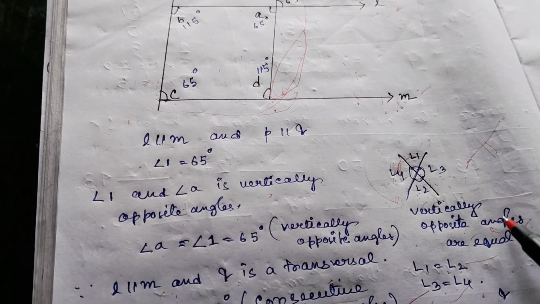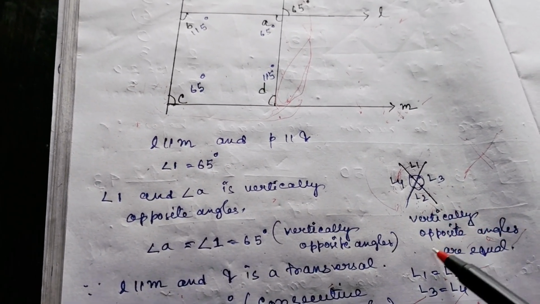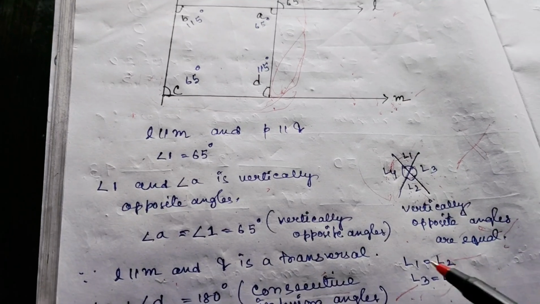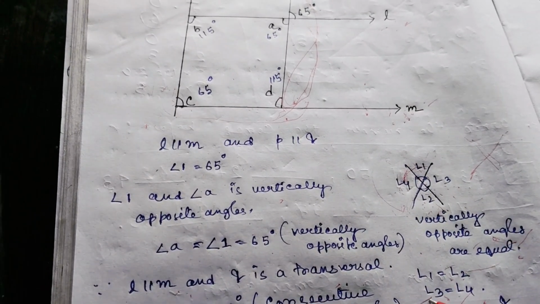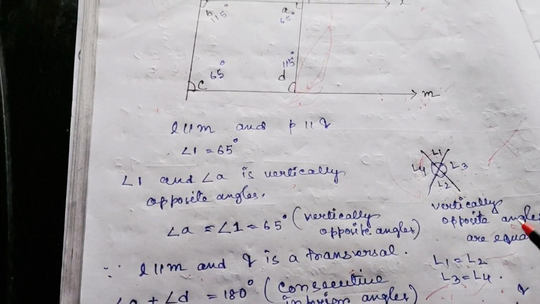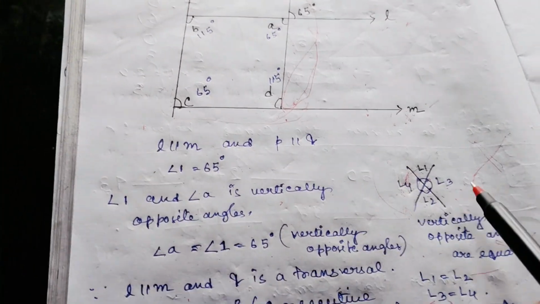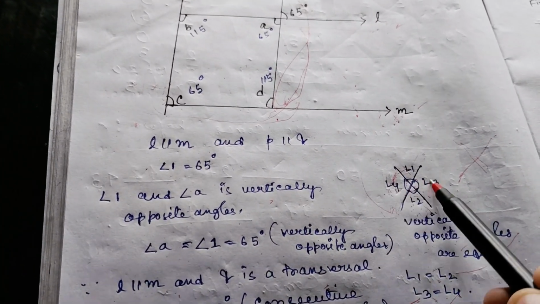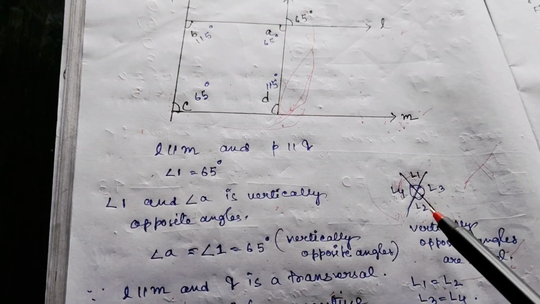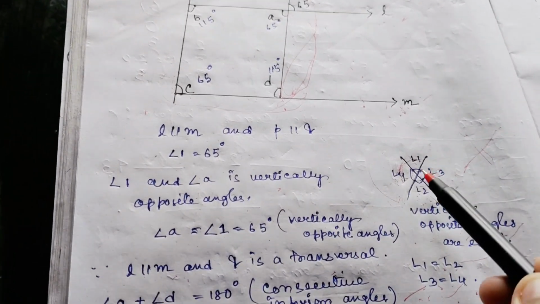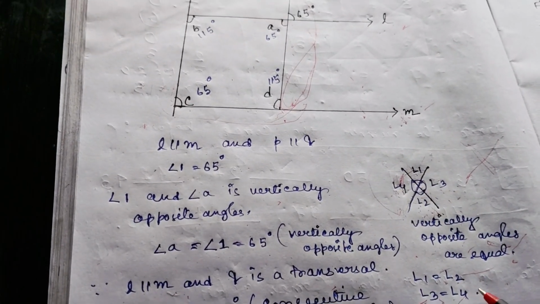So I have written vertically opposite angles are equal. L1 is equal to L2 and L3 is equal to L4, since when two lines bisect each other, four angles are created and the vertically opposite angles are always equal.